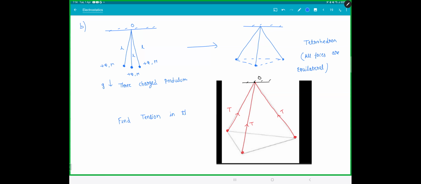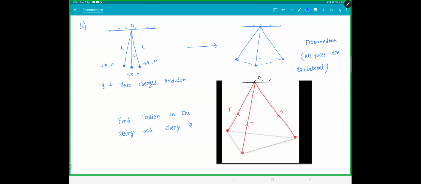It has to be given that it's a tetrahedron. If they don't give you, that shape could have been anything. There is no guarantee that the base will be an equilateral triangle. Find tension in the strings and charge q. We need to find that also.